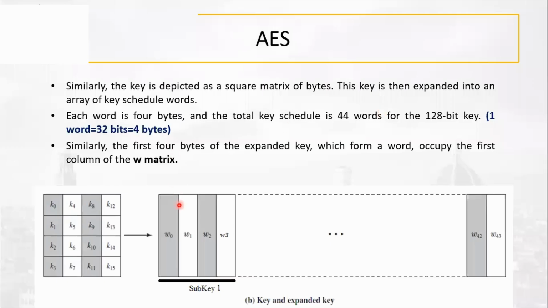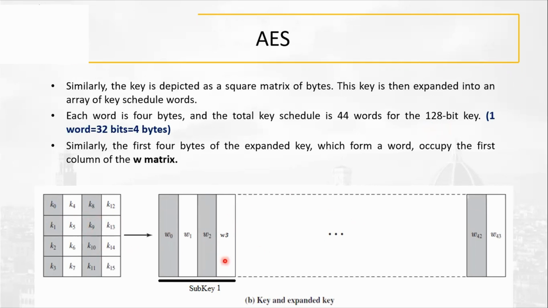As I have told you, at every given step there has to be 128-bit data all the time, be it input, key or sub-key. Let's consider a 128-bit key. The sub-key which you are generating also has to be a 128-bit key. So these are all 4 words of the input.